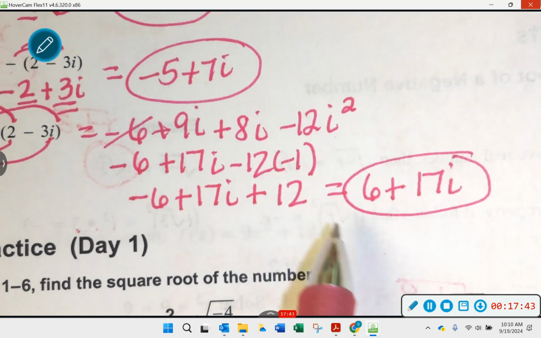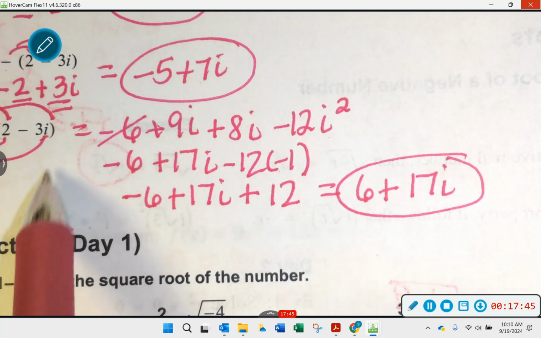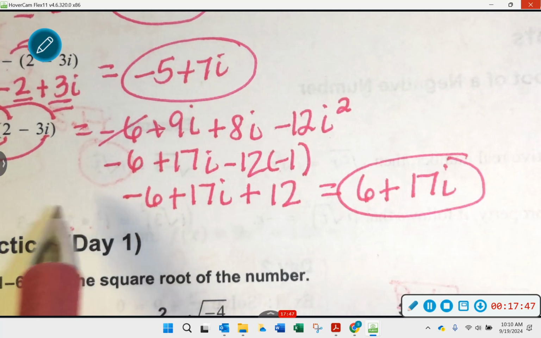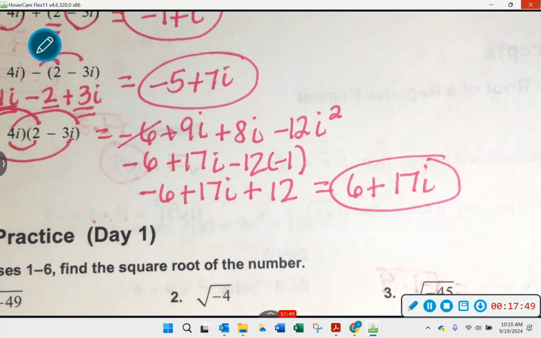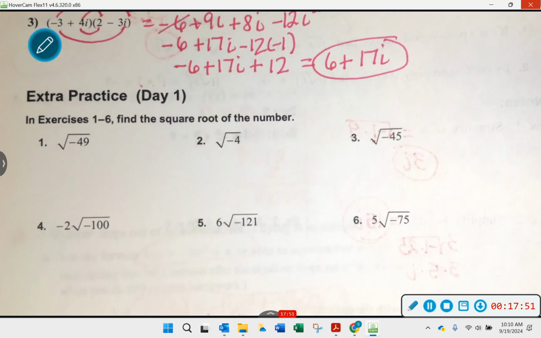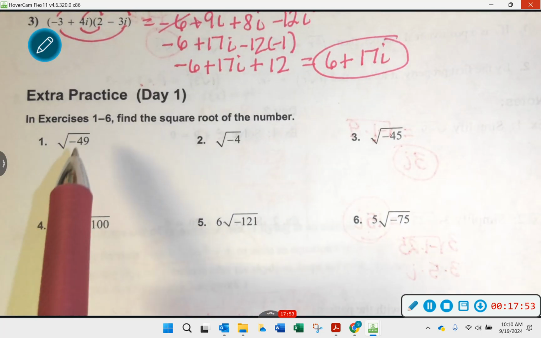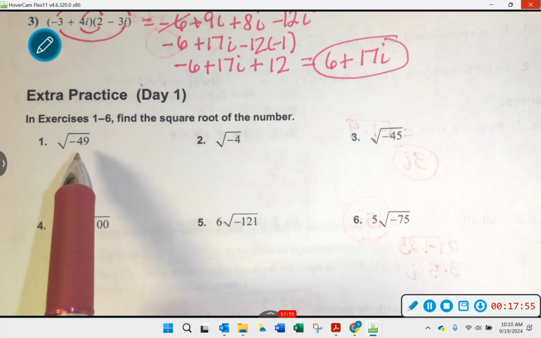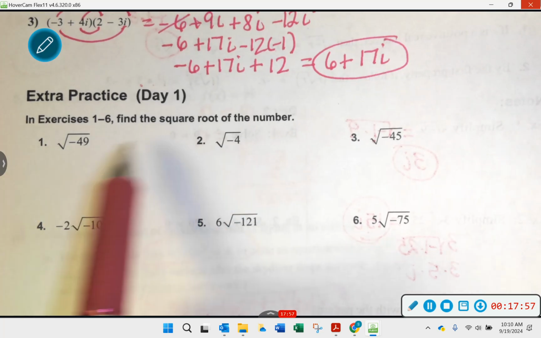Okay, you could put that into your calculator. It can do multiplication with complex numbers. All right, guys. I want you to practice this a little bit. I'm going to give you 10 seconds, and I want you to try the first two very quickly.